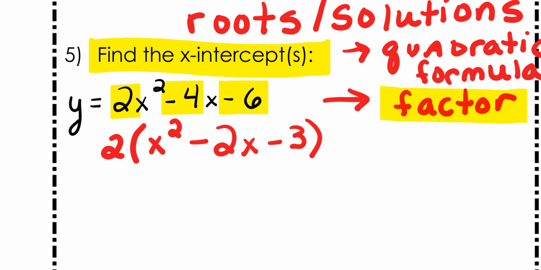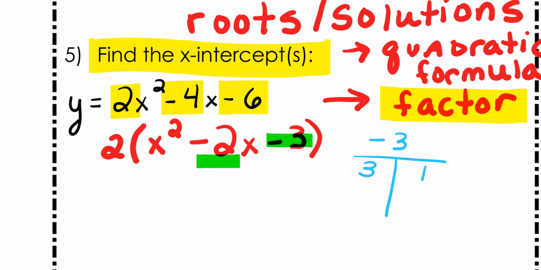Now remember, we're going to look at two things that multiply to be -3, but add to be -2. So I'm going to write down the different factors that I can come up with for -3. So for -3, all I really have is 3 and 1.